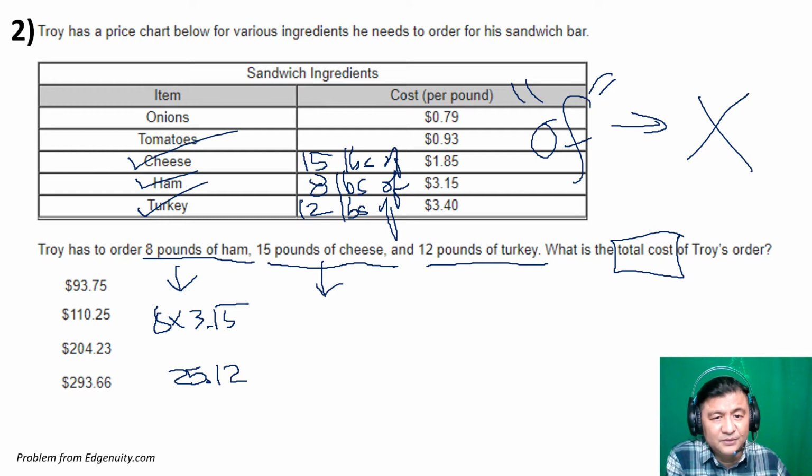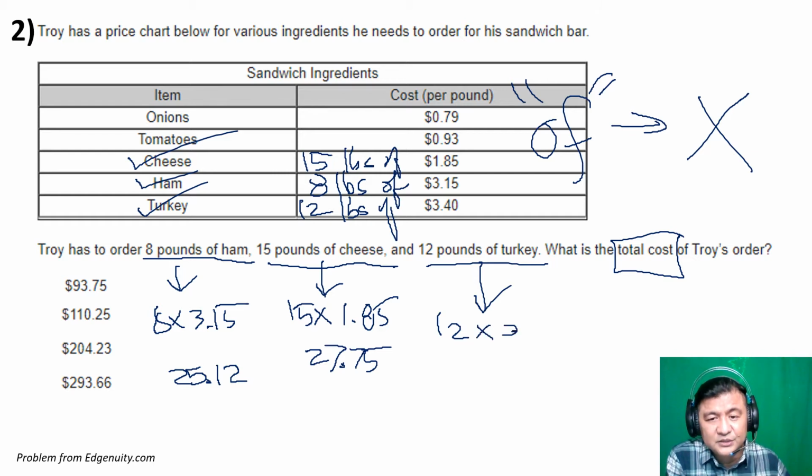15 pounds. So 15 times $1.85 for cheese. I get what? 27.75. Get your calculator. Do this with me. Yes, I'm allowing the calculator. Next, 12 times turkey. How much? $3.40. That's going to be 40.80.